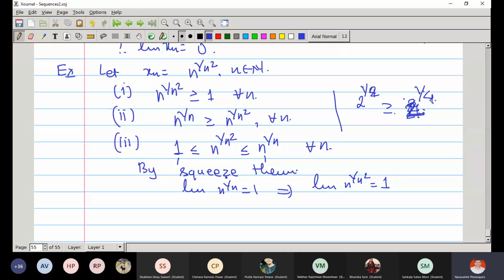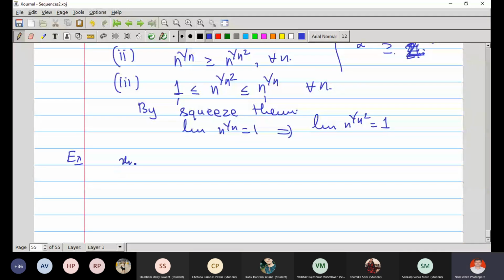Now look at another sequence. Xn is equal to n factorial whole raised to 1 by n square. So what is the limit of this?